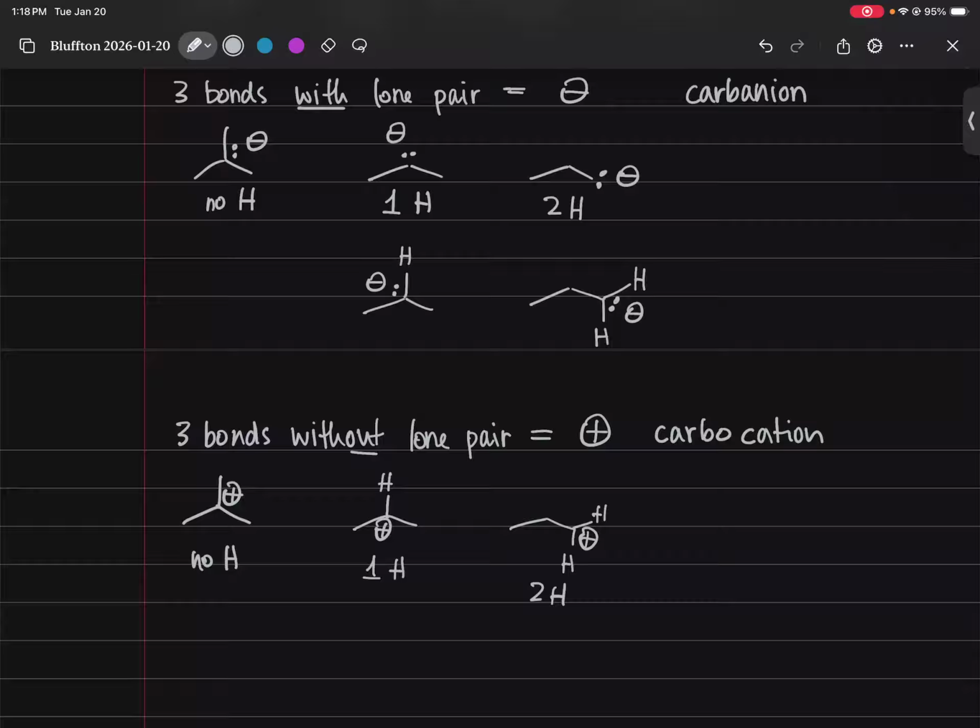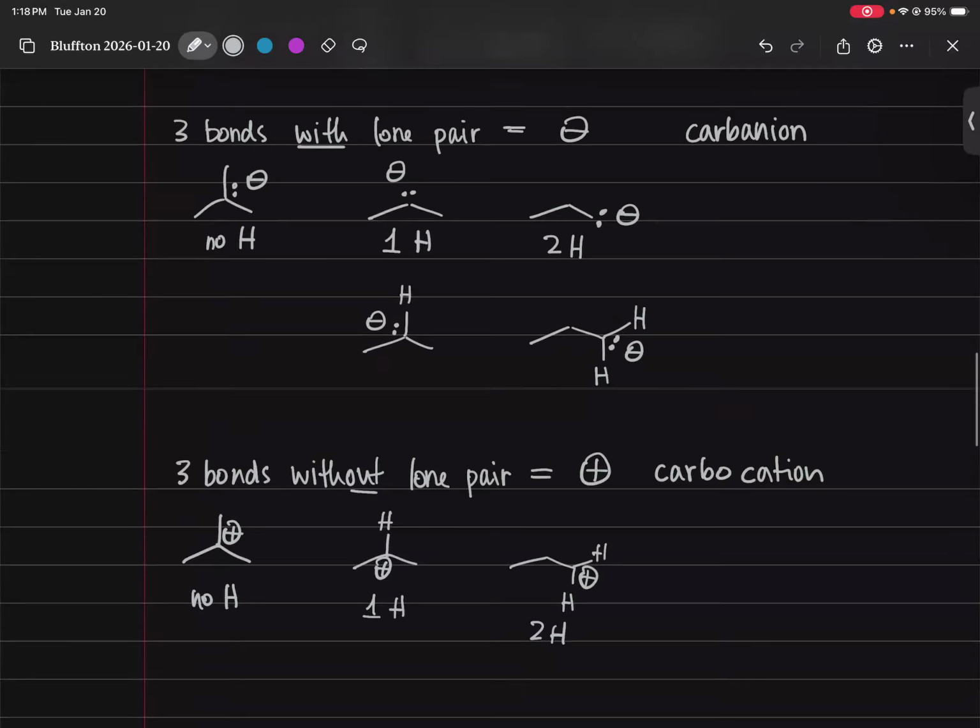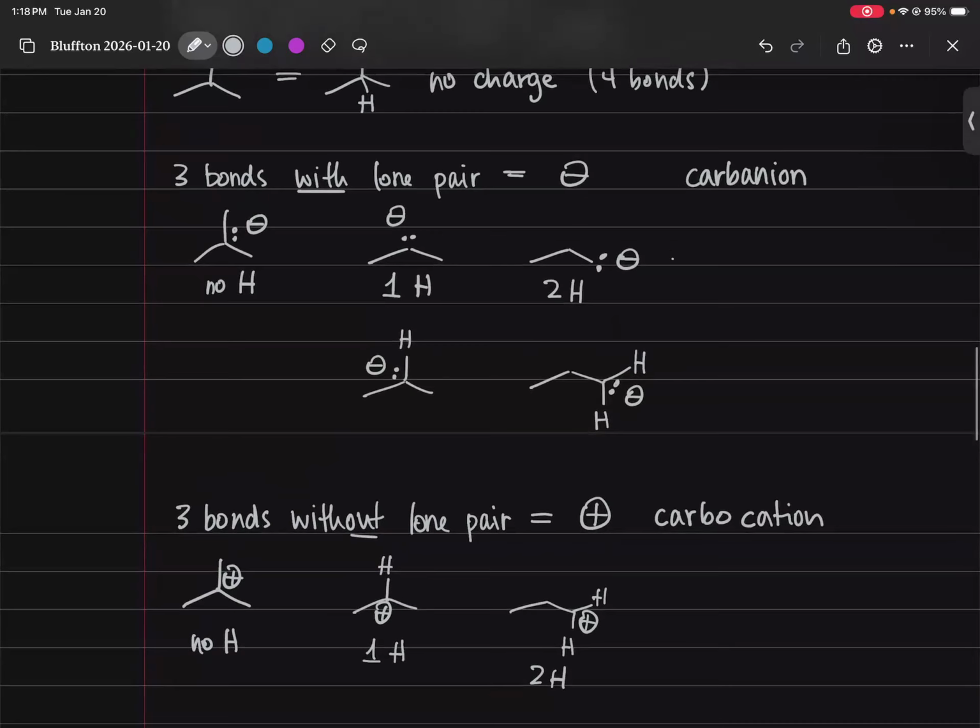The lone pairs should be drawn, but you don't have to draw them. You could just draw a carbon with a negative charge, and that implies the same thing. It's not incorrect. Of course, I would highly recommend you draw the lone pair because that tends to decrease confusion, but you can do that as well.